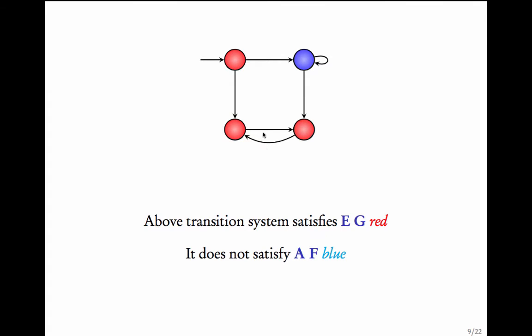Similarly, this state also satisfies EG red. So we will ask, given this and EG red, what are the set of states that satisfy this formula? Then the algorithm should tell me this, not this, because this is marked blue. So any path out of it will not satisfy G red because this state itself is not red. Okay, so my algorithm should tell me that this state, and this state satisfy EG red.